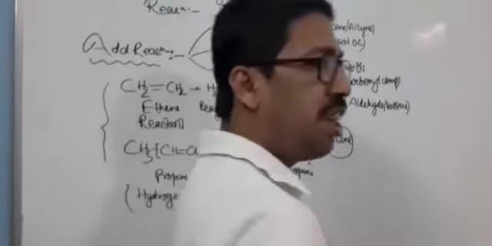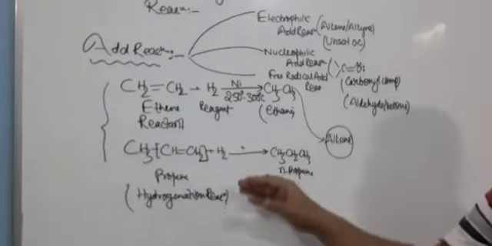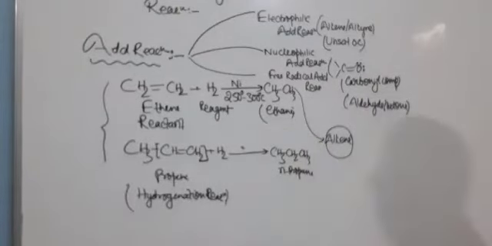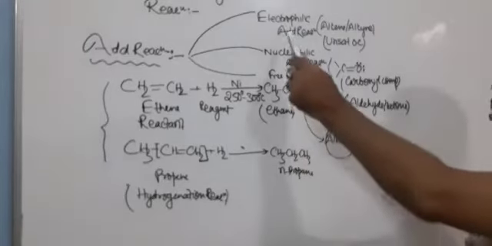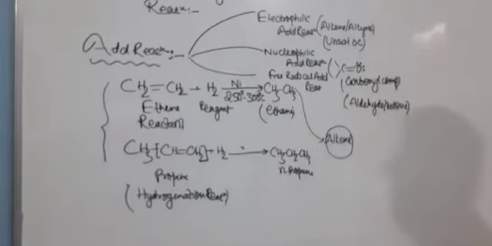So we have already discussed addition reaction, its examples, and the types of addition reactions, which are electrophilic, nucleophilic, and free radical addition reactions.